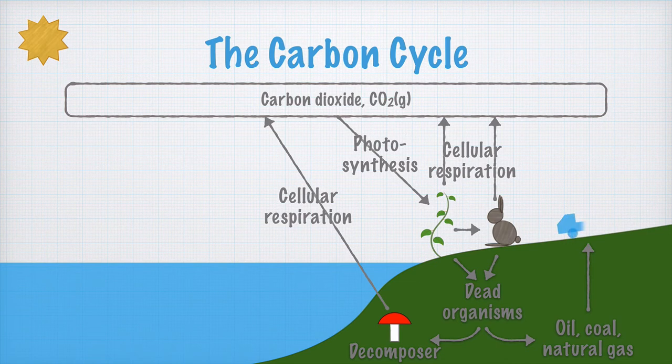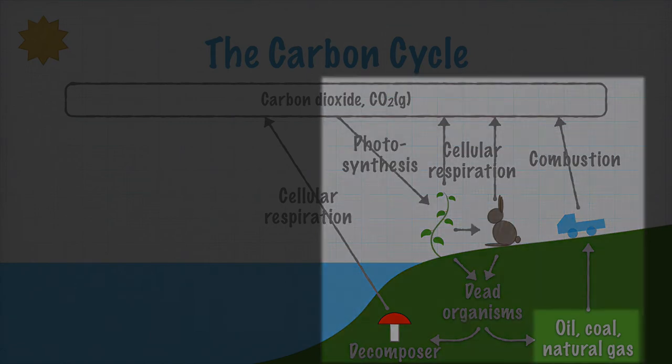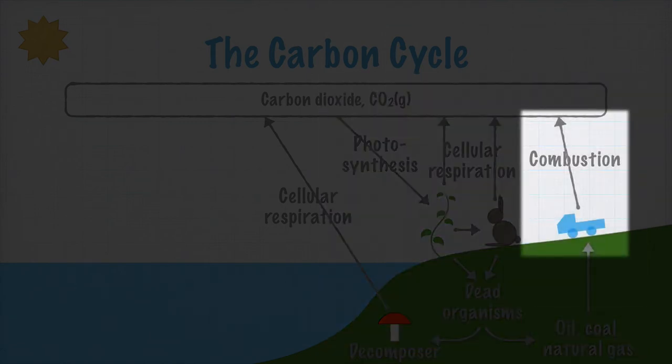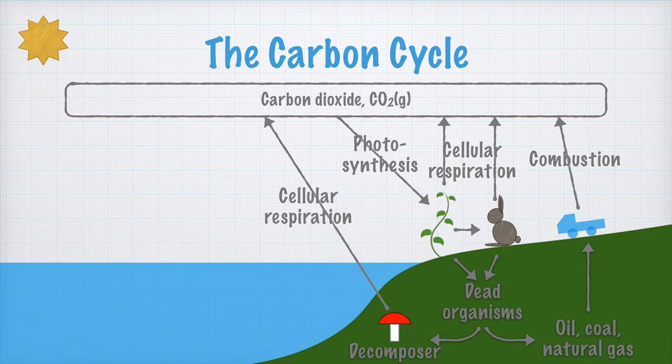I show this with a small pickup here, and in the combustion, a lot of carbon dioxide is formed and returned to the atmosphere. So now we have a slightly larger cycle here via oil, coal, and natural gas, and combustion over here.